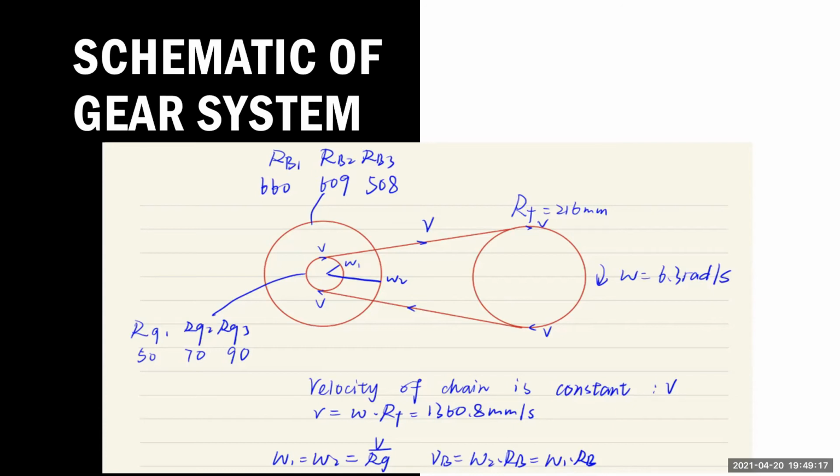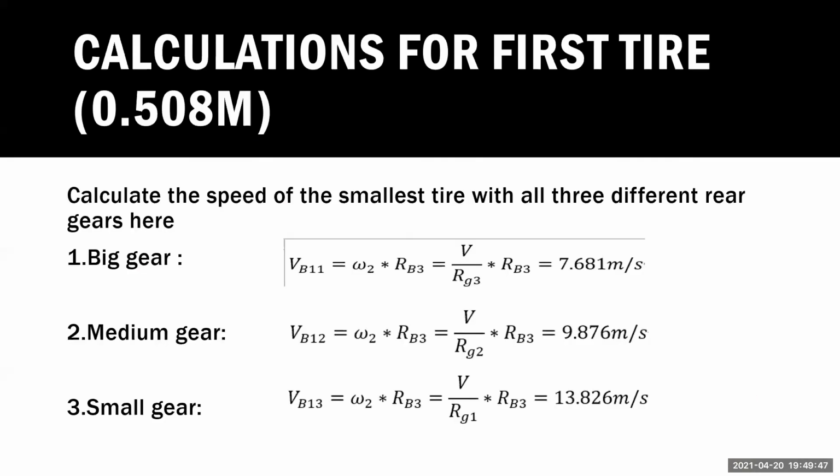So they said that V is equal to 1,360.8 millimeters per second. And with that, they have the equations below to solve for the angular velocity of each of the gears, and then an equation to solve for the velocity of each of the tires with those angular velocities. So we can go to the next slide.